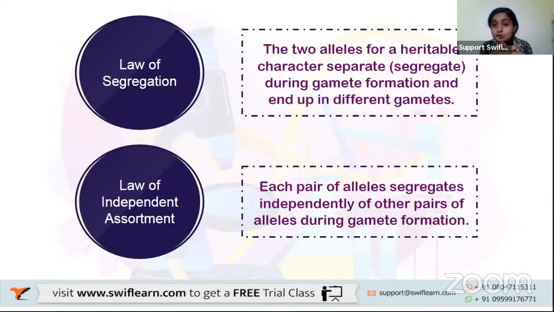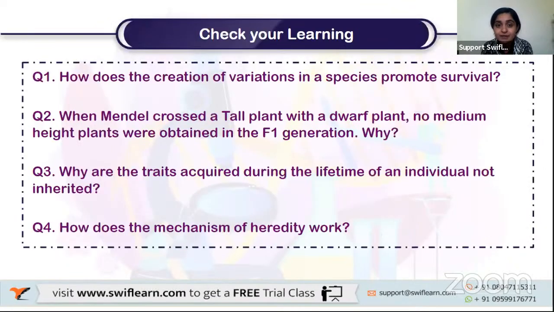Law of segregation: the two alleles for a heritable character separate during gamete formation and end up in different gametes. The law of independent assortment: each pair of alleles segregates independently of the other pair of alleles during gamete formation.